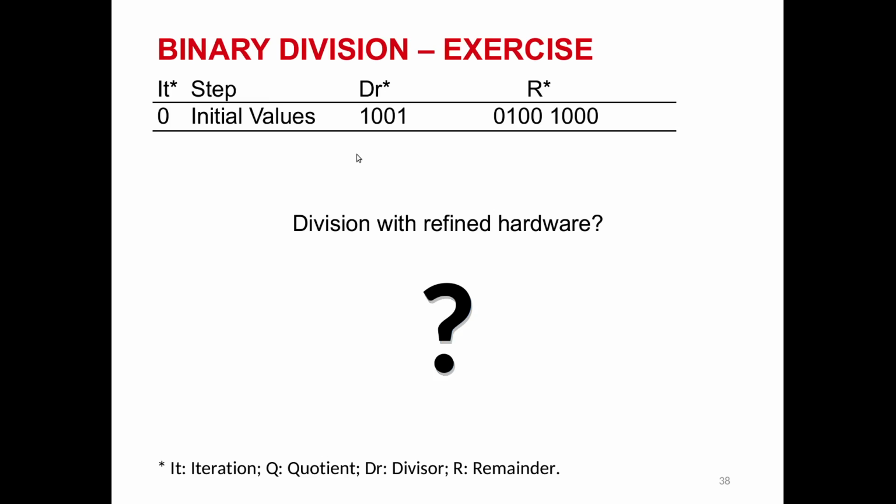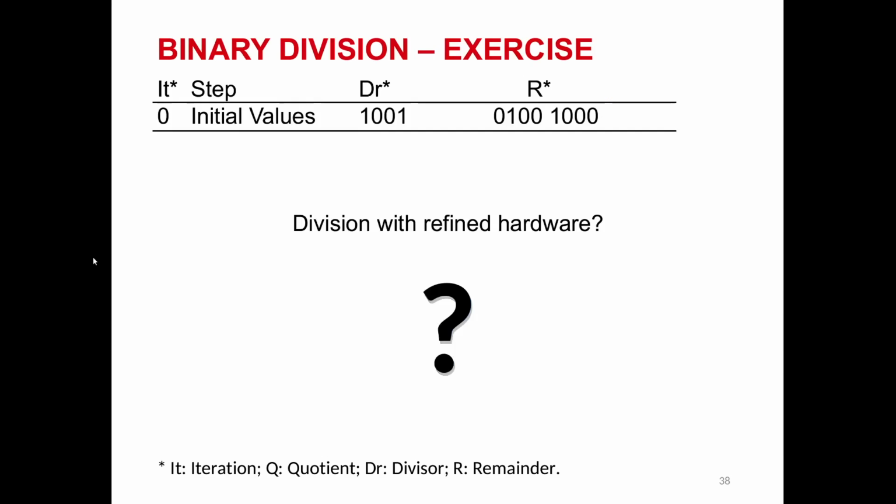You need to find the intermediate values for DR or divisor, R or remainder at each step, and finally you will have the final result of the quotient in the half part of the register R. Of course you should do it yourself, and after that you can come back to this video, because I will give you the solution step by step now, and you can compare your work with this one to understand the hardware.